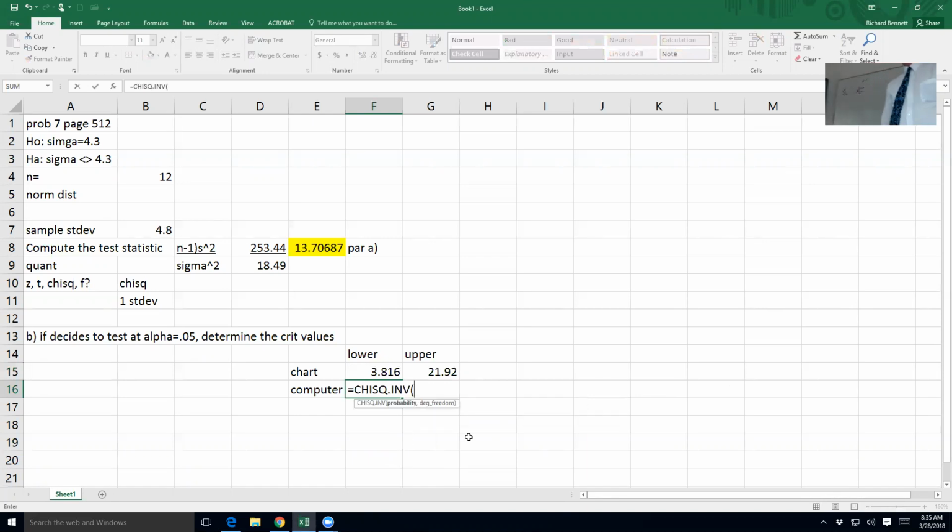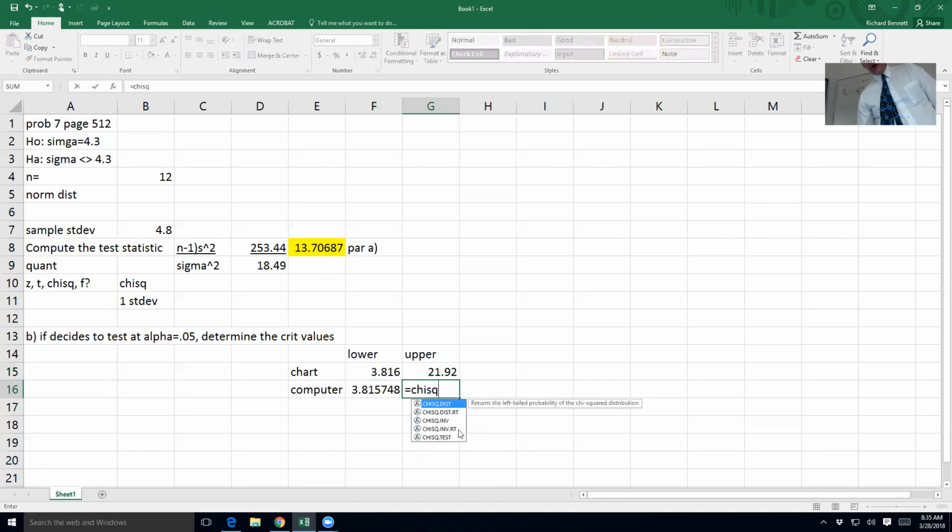Okay, it's asking me for a probability. What do I put in there? Your output. So 0.025. And degrees of freedom, 11. Hopefully I'm going to get an answer very close to 3.816. How about that? Okay. What do I do for the upper?